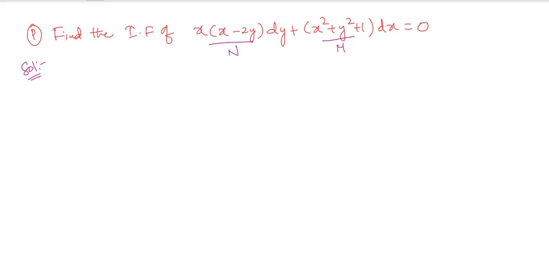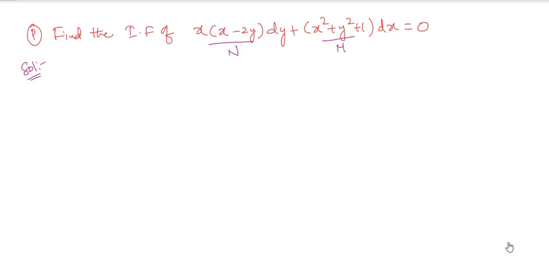M contains more terms, so that is the reason why I have to use (∂M/∂y minus ∂N/∂x) divided by N. So with respect to that you need to do it.